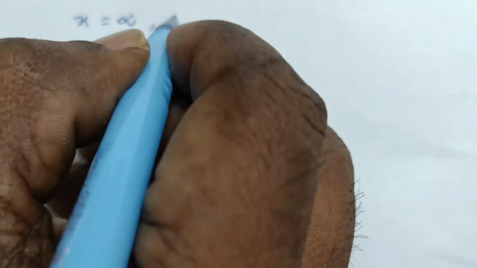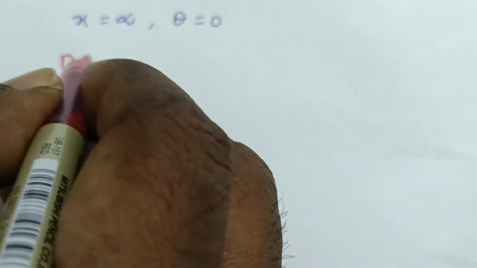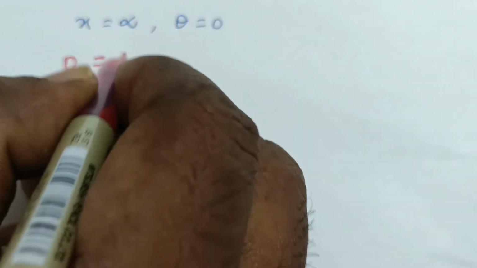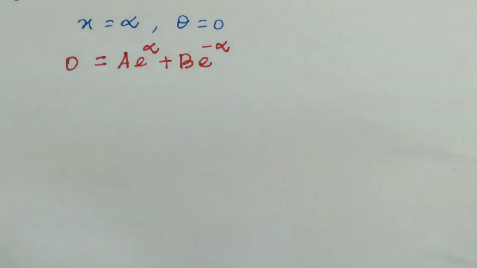Now the second boundary condition, that is x equal to infinity, theta equal to 0. From equation 11, theta equal to 0 is equal to a e power infinity plus b e power minus infinity.